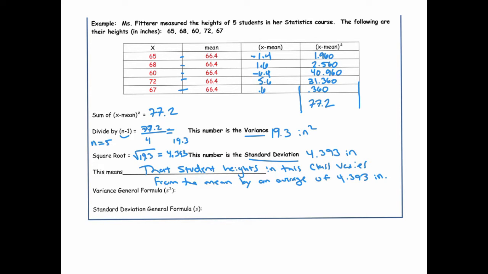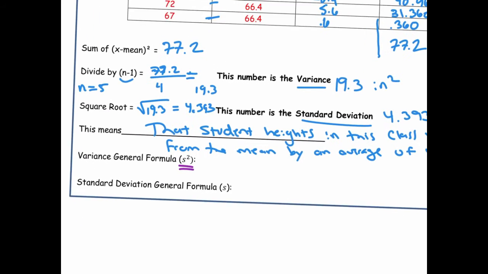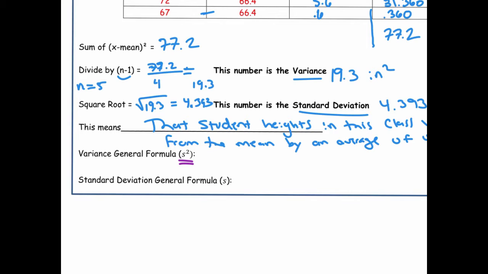The general formula for variance, you'll see written with an S squared. If you come across these symbols, this is what it means.